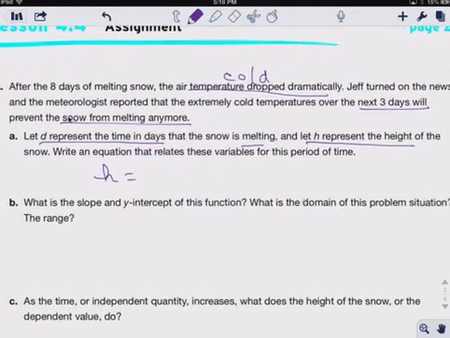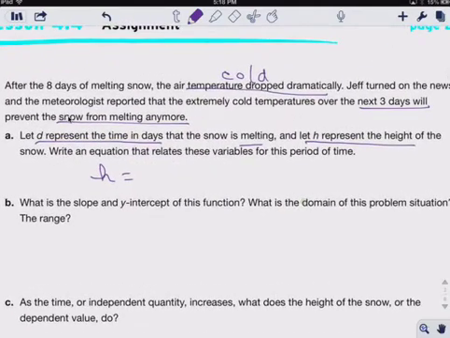So for the next 3 days there's no more melting, so H equals 3 is the equation. It's not going anywhere. H equals 3 plus 0 D, because the rate of change is 0. So the slope is 0 here.